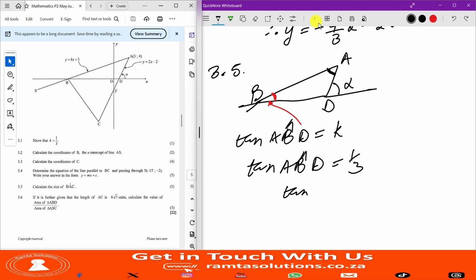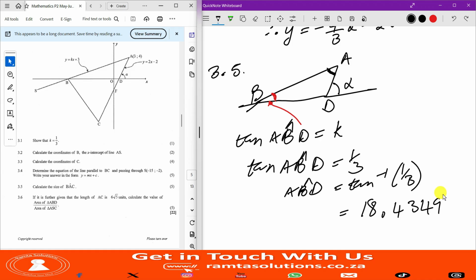Therefore angle ABD is equal to tan inverse of 1 over 3. Sorry, not 1 over 4, 1 over 3. So shift tan 1 over 3 is, I will leave it correct to 4 decimal places, 18.4349 degrees.